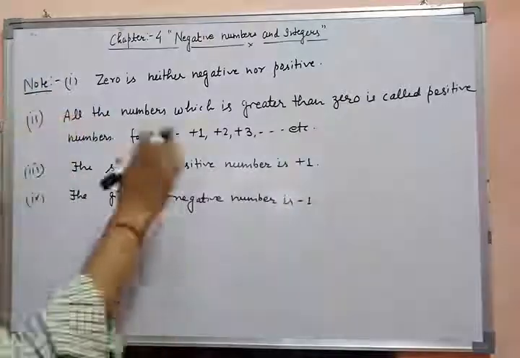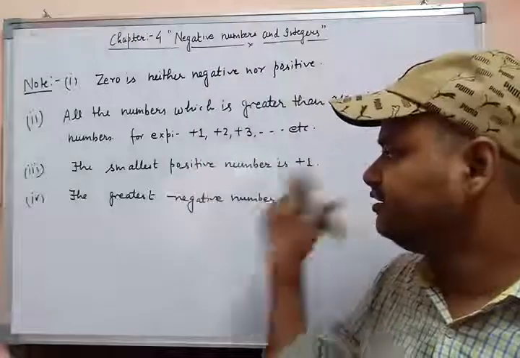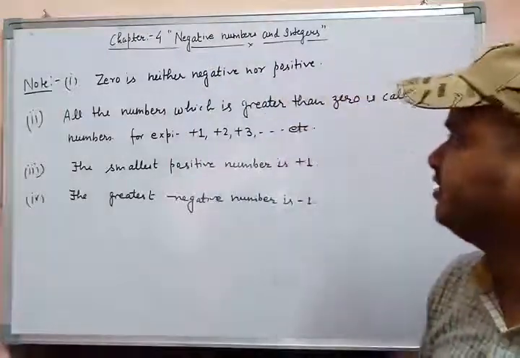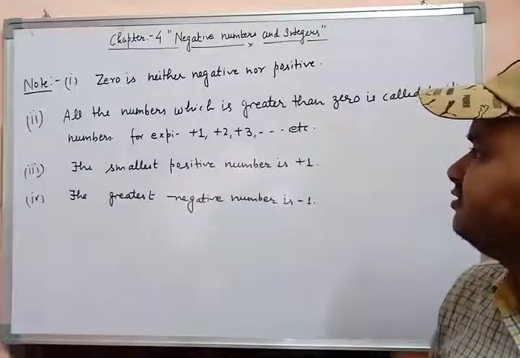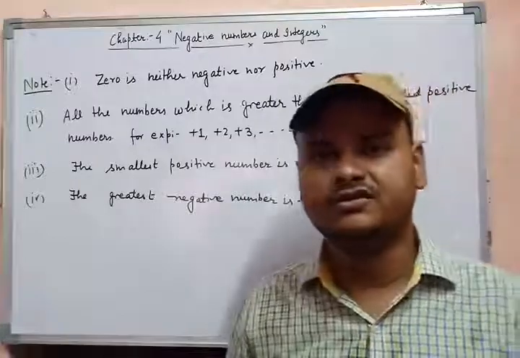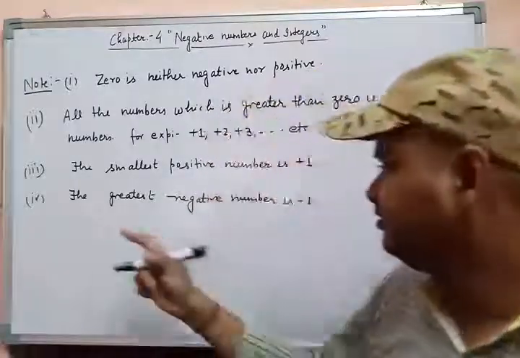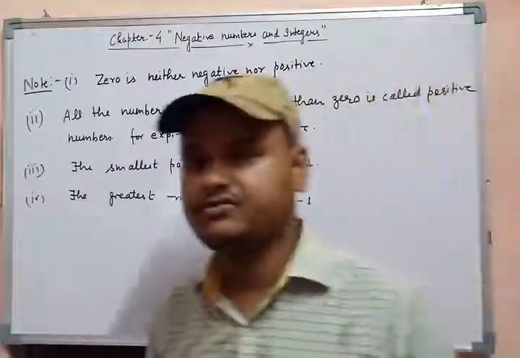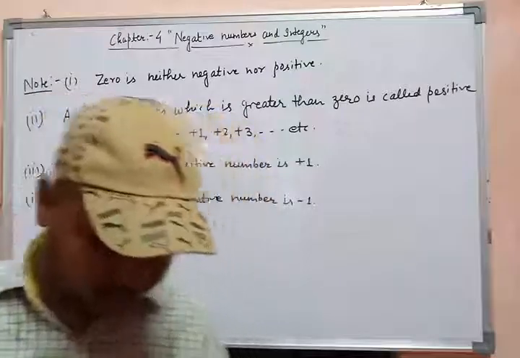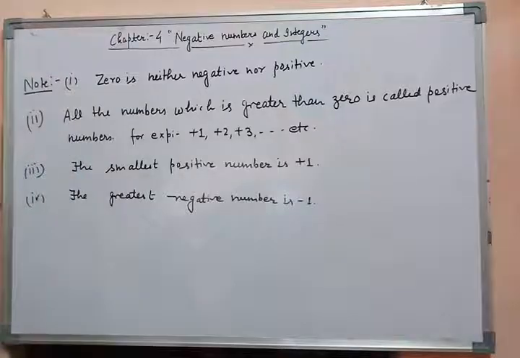Okay, so students, keep in mind all these important lines: 0 is neither negative nor positive. All the numbers greater than 0 are called positive numbers. The smallest positive number is plus 1. स्मॉलेस्ट पॉजिटिव नंबर हमेशा प्लस 1 होता है और सबसे बड़ा नेगेटिव नंबर हमेशा माइनस 1 होता है. सो स्टूडेंट, मूविंग ऑन नेक्स्ट टॉपिक, प्लीज पॉज द वीडियो टू नोट इट डाउन इन योर कॉपी और टेक स्क्रीनशॉट.